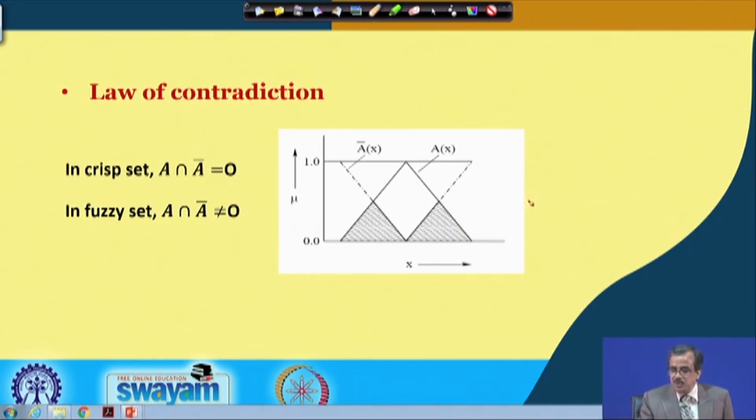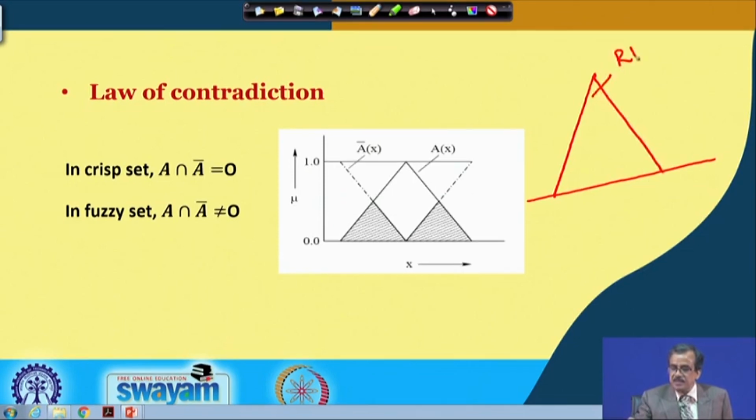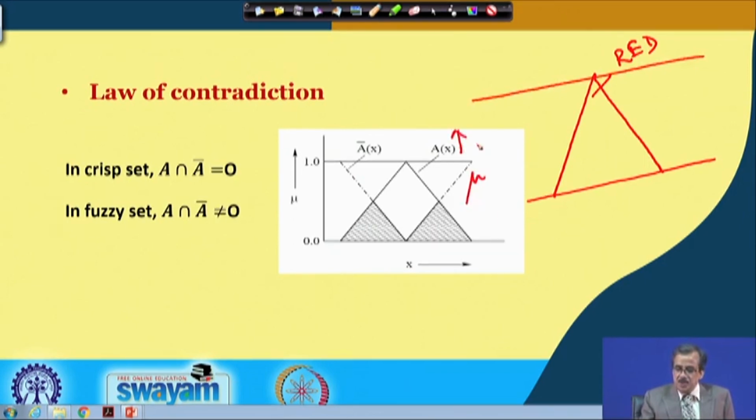I am just going to draw. Now, supposing that I have got a fuzzy set for, say, the red color. Now, this is for the red color, and so this is nothing but mu equals 0.0, 1.0 as we have discussed here. So, what I will be getting here is your complement.